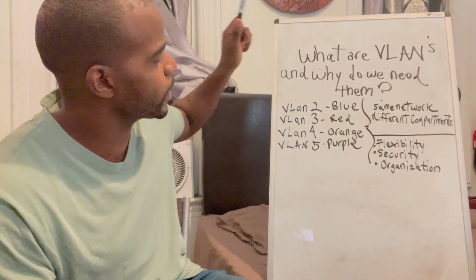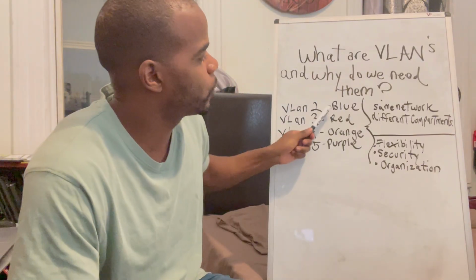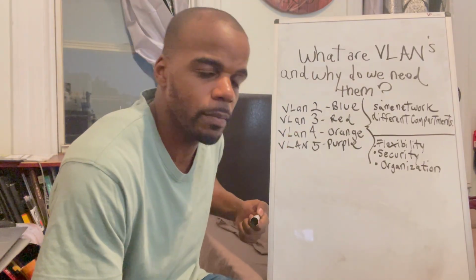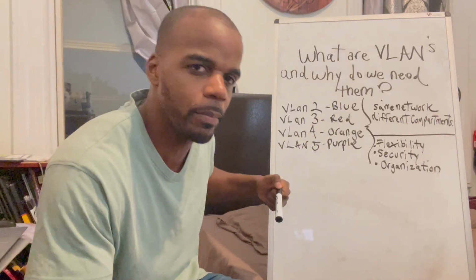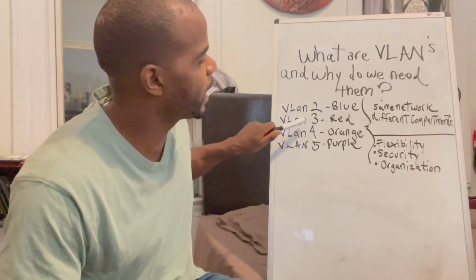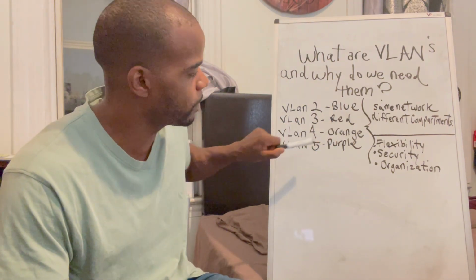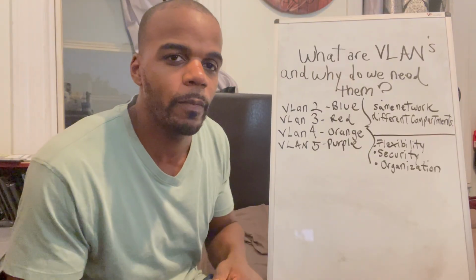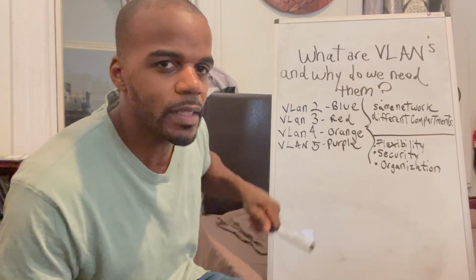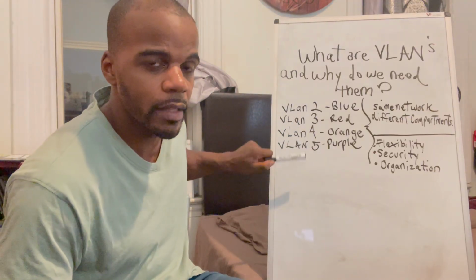VLAN 2, for example, is the blue team. These colors, I use these colors as examples. VLAN 3 is the red team. VLAN 4, the orange team. VLAN 5, the purple team. So I broke these teams down into 4 different VLANs.